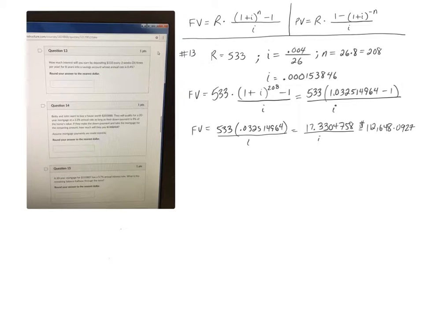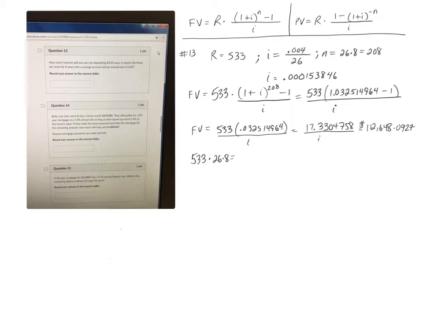But I think the question is just asking how much interest you'll earn. So basically, this is how much money you're going to get by plugging it in there. But you got to remember, you put $533 in the bank 26 times a year for 8 years. So let's find out how much that would be if you didn't have any interest at all.